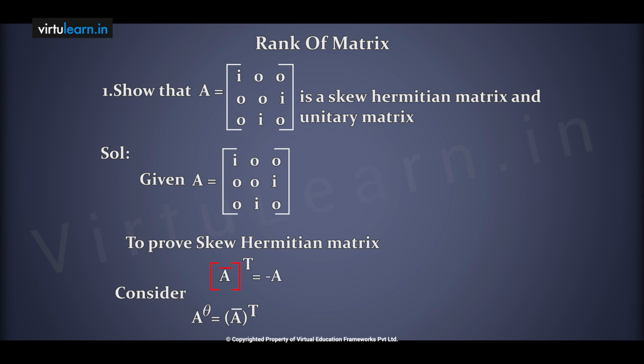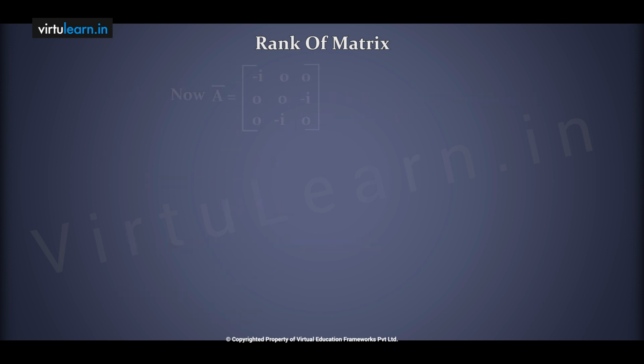A bar whole transpose is denoted by A power theta. Separately I am calculating A bar. First of all, A bar is nothing but the conjugate of A. Conjugate of A is the conjugation of each and every element of the given matrix. Conjugation of i is minus i. Conjugation of 0 is 0. The second row, third column element is i, again its conjugation is minus i.